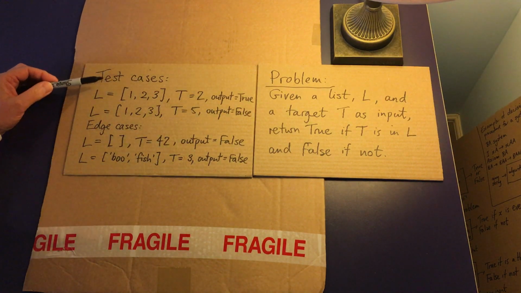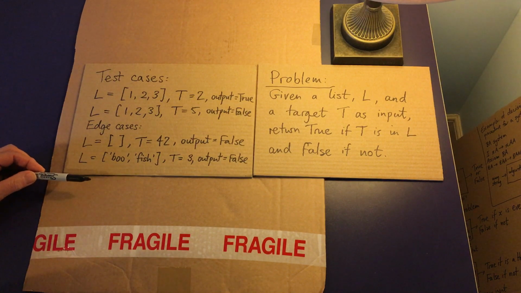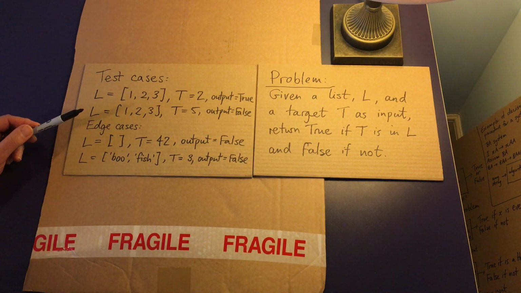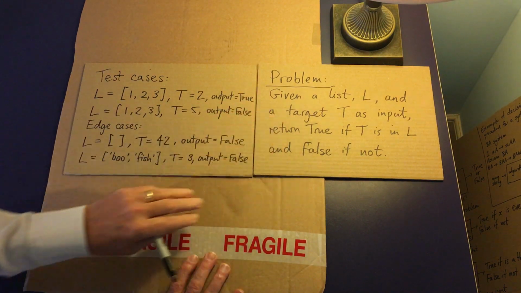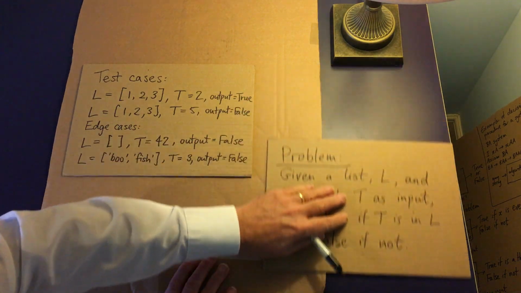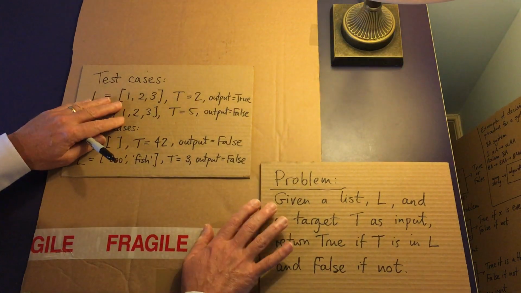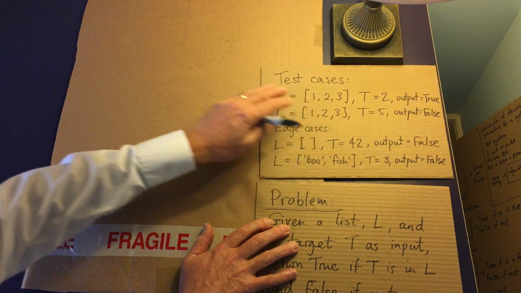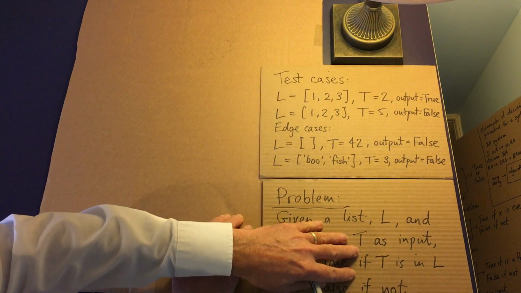Once you've got these test cases, what will happen is an algorithm will start forming in your mind. And what you should then do is write the algorithm down. So I'll put the problem there, and I'll put the test cases there so that you can see them.